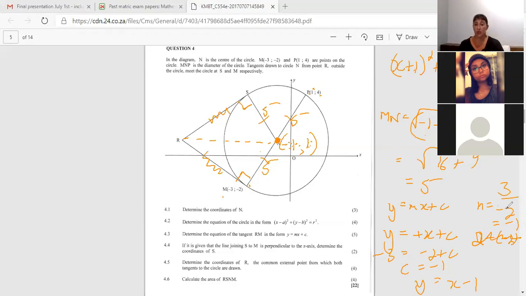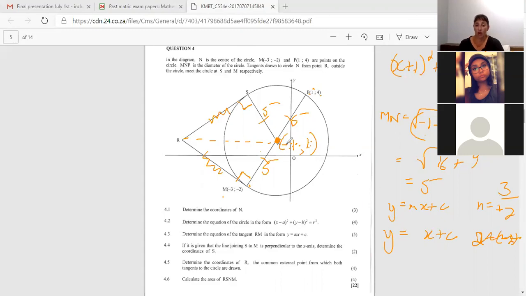Minus 1 plus 3 is 2. So it's 3 over 2, not minus 1. Okay, 3 over 2. But that's that gradient. So I need this gradient, the opposite. So minus 2 over 3. This one's not so cool, and no one picked it up.